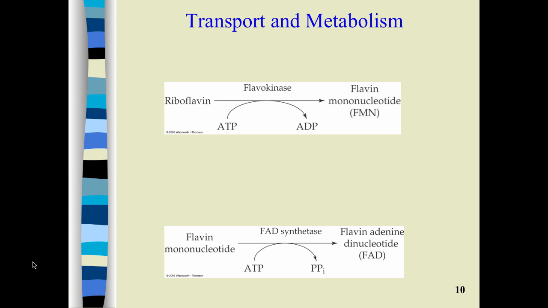So if you have ATP and you take the adenine and a phosphate and separate it from two phosphates, that's what's added to FMN. So your reaction here results in two inorganic phosphates. So what are you adding? AMP essentially. Got that?